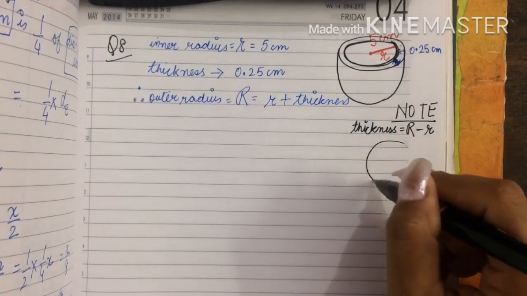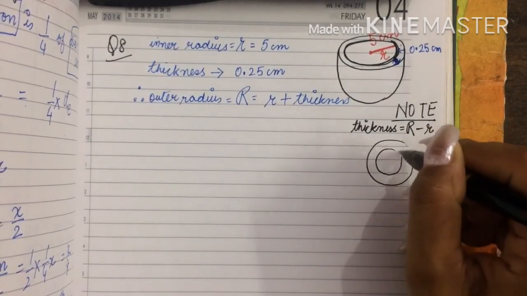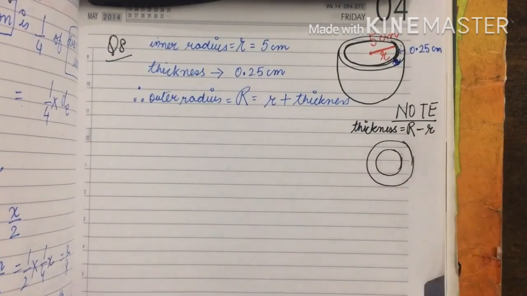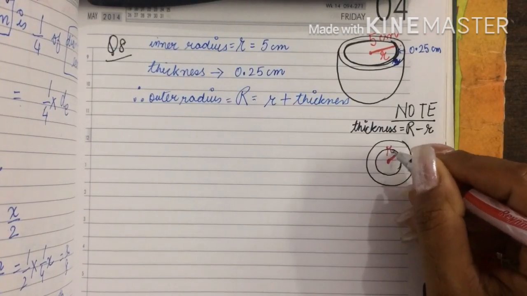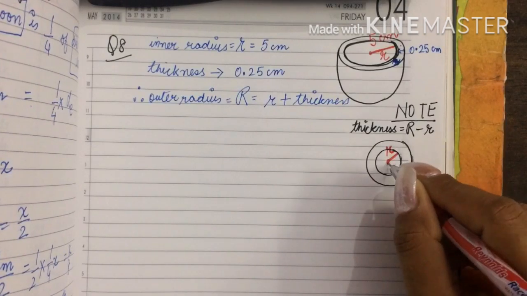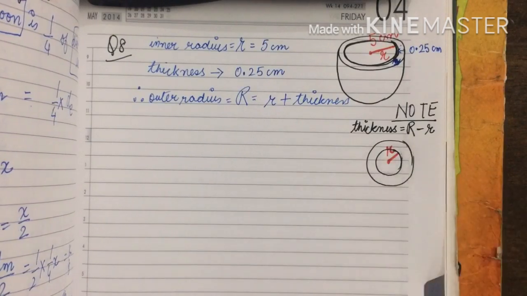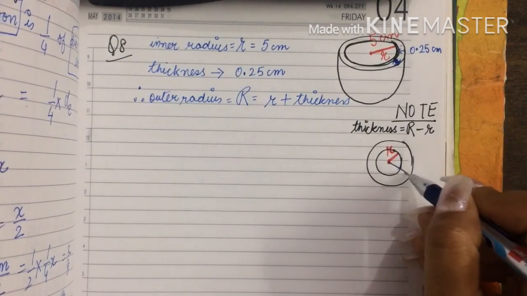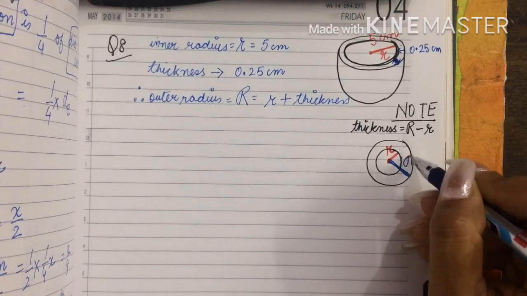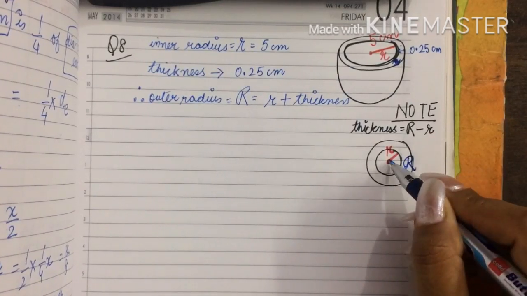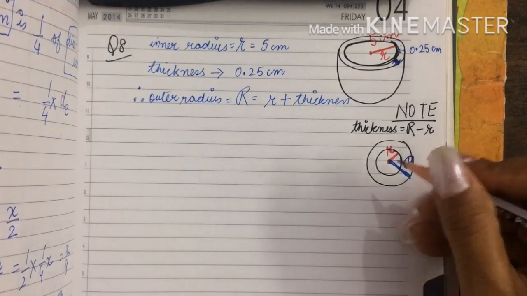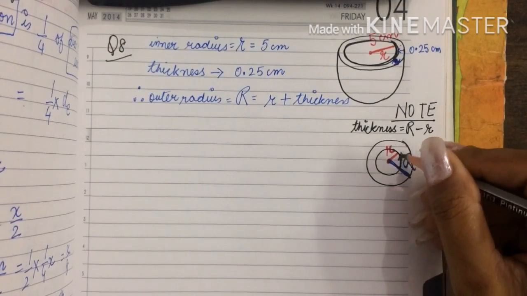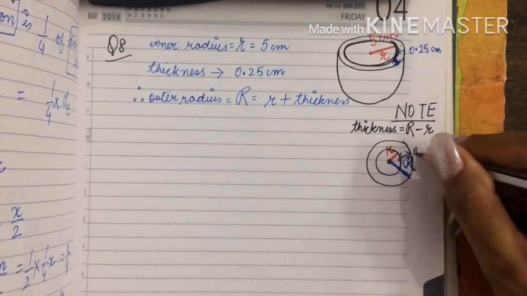So if you have the circles like these, this is small r from the center to the inner edge. This is capital R from the center to the outer edge, and in between the two edges, this distance is your thickness.